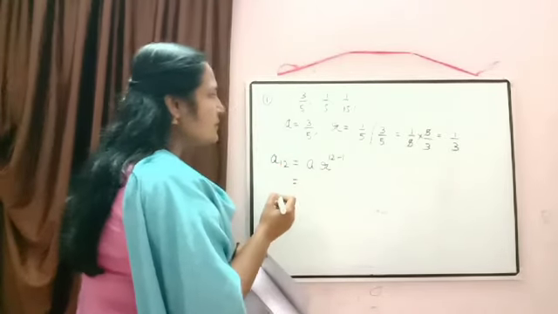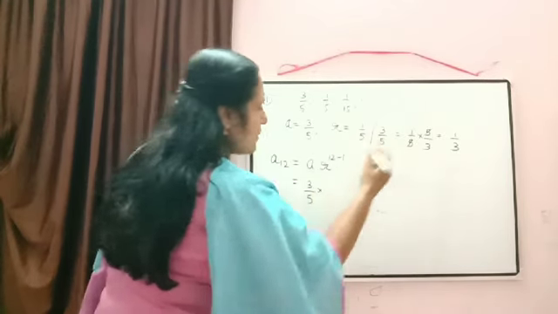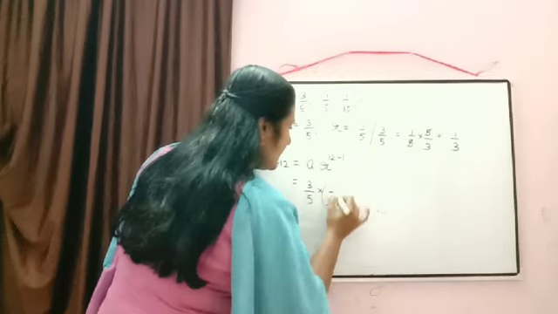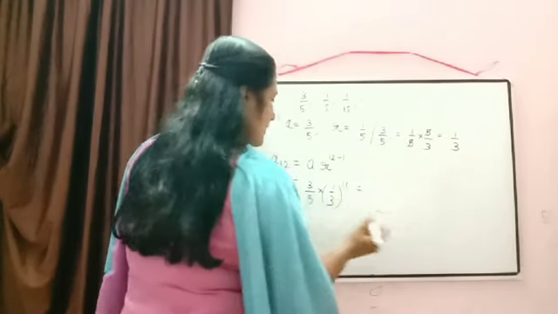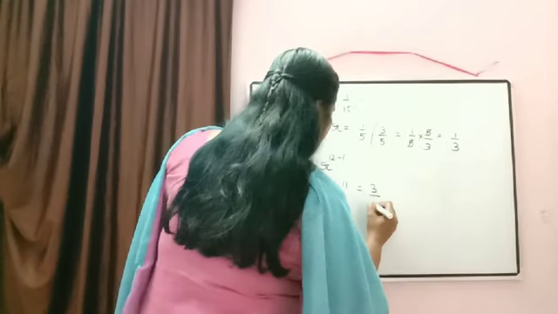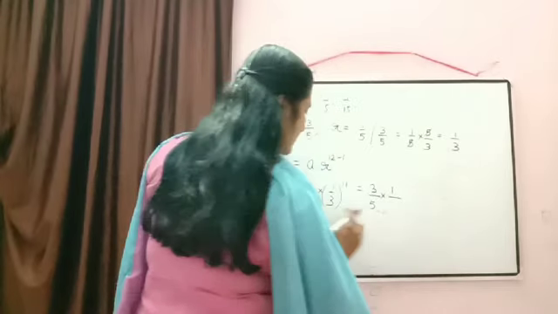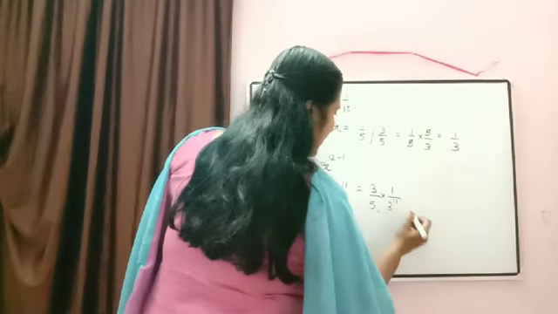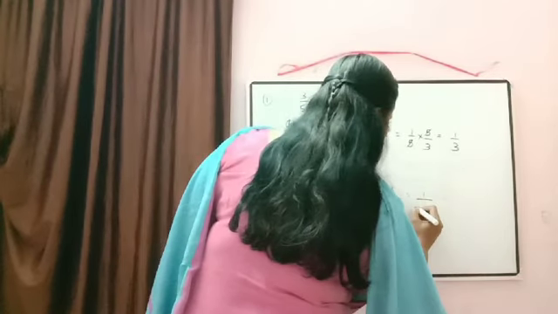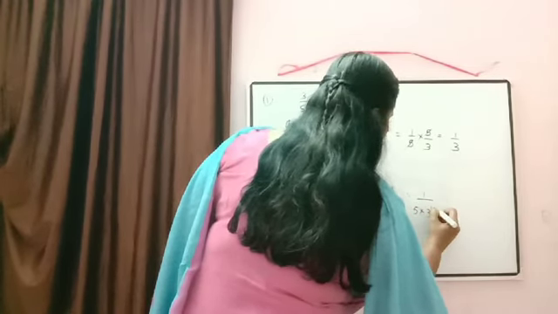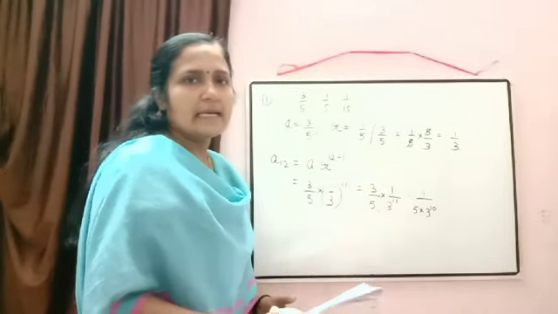Substituting the values, A is equal to 3 by 5, and the common ratio we just calculated is 1 by 3, raised to 12 minus 1, which is 11. Now we can write them separately: 3 by 5 into 1 raised to 11, which is 1 only, by 3 raised to 11. Here 3 gets cancelled. So we get 1 by 5 into 3 raised to 10. Since this number is so big, you can leave your answer till here only.